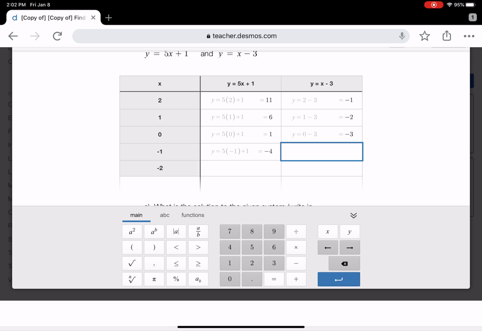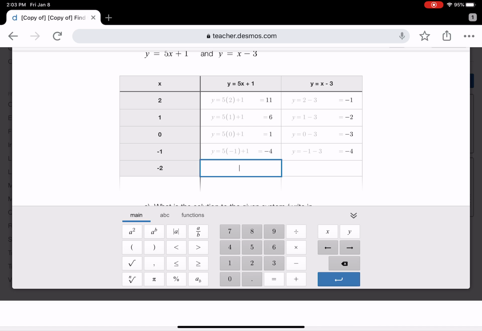For the next equation, y equals negative 1 minus 3. Enter. So you see, when x is negative 1, the y values for both equations are negative 4. They are the same. So that is the solution to the system. When the y values are the same, they intersect. The graph for both equations intersects at x equals negative 1, y equals negative 4.